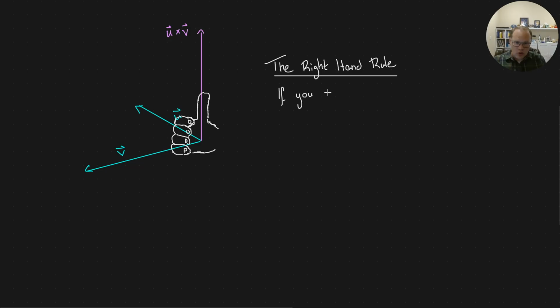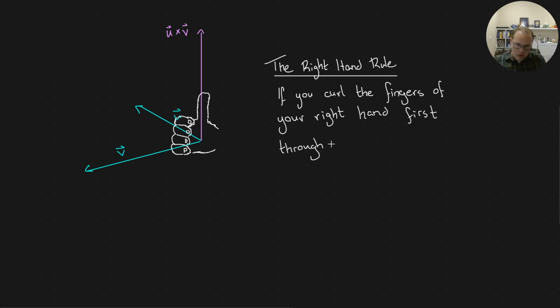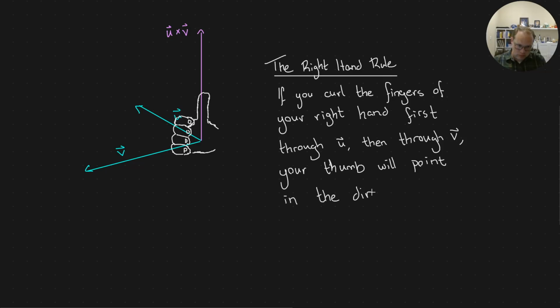If you curl the fingers of your right hand first through u, then through v, your thumb will point in the direction of u cross v, of the resultant vector from the cross product.